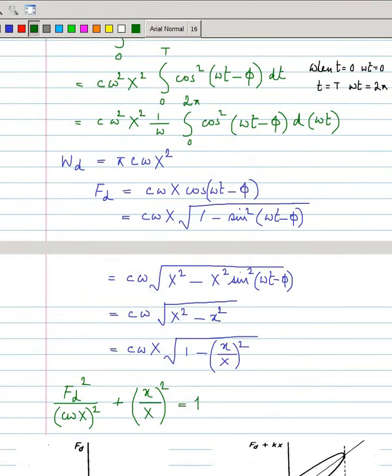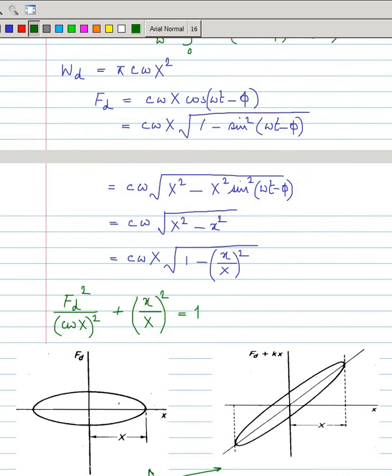Now again we take back capital X. So now if you divide Fd by this and take square, you get this relation.